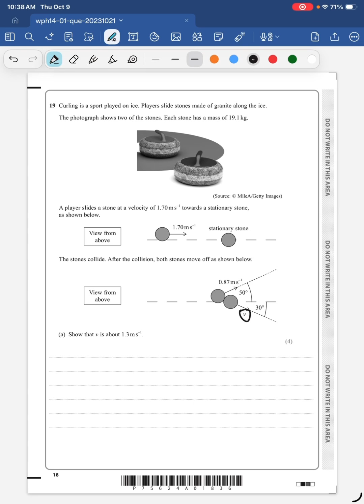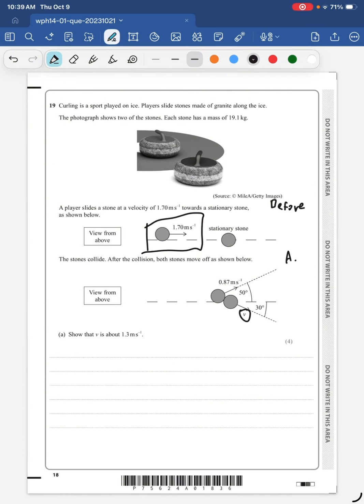I'm going to try to make it as easy as possible. So this is the before situation, and we have momentum only in the x-axis, equal to the mass of the stone times this velocity. So that's the momentum before, and then the momentum after.